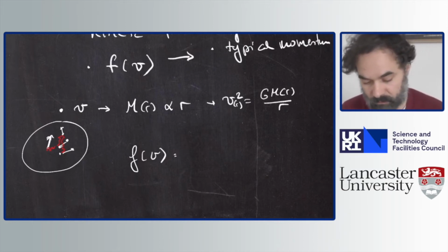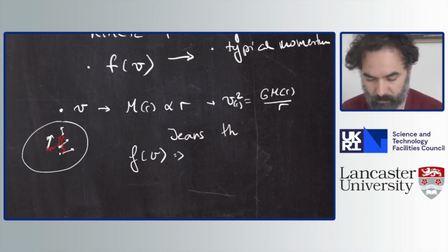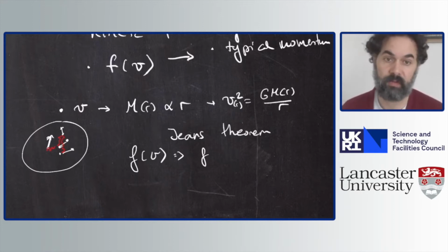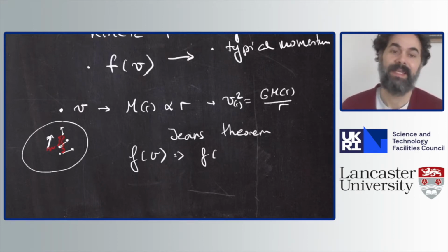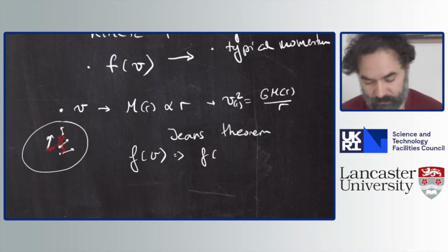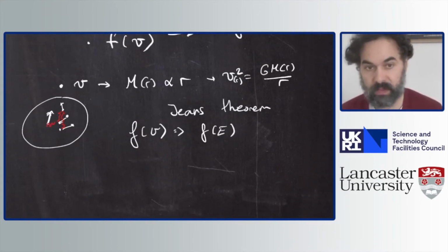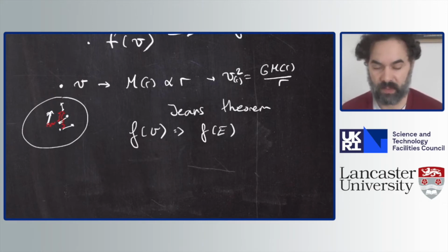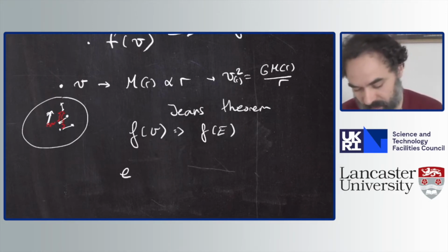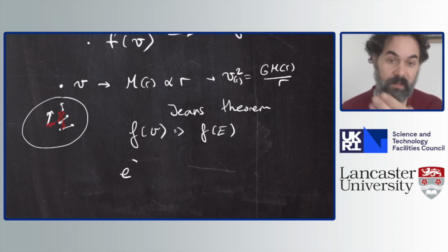So Jeans theorem: the function should be a function of conserved quantities. One of the most standard conserved quantities is energy. So let's see what happens if we have a function of energy as the distribution function. We can check one, which is the one that we have seen before, and why not?